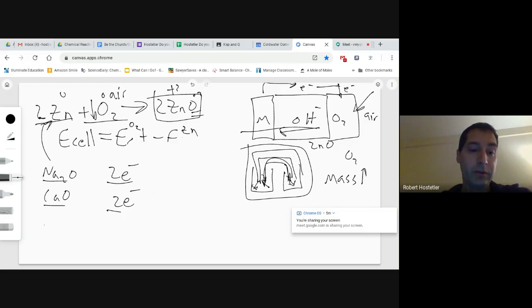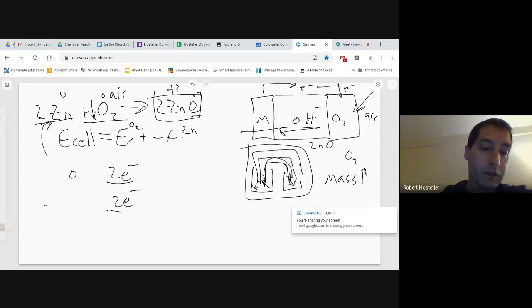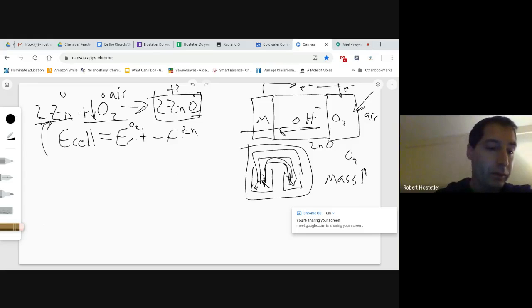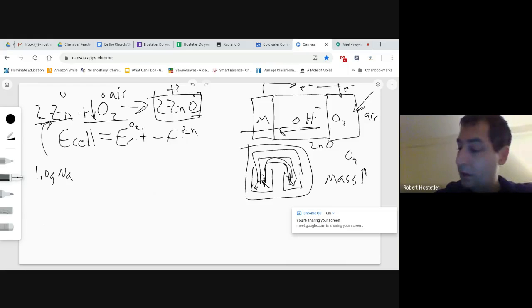So we really just need to do some stoichiometry here and figure out how many moles of each there are, and then how many moles of electrons there are going to be. So let's take a look at the sodium. They give us a gram of sodium, and we know that we can change that to moles by dividing by the molar mass.